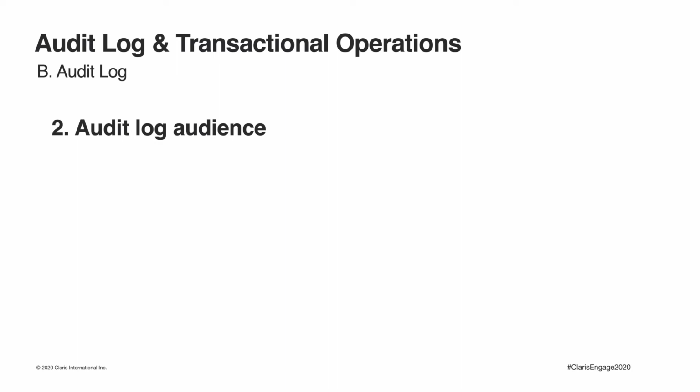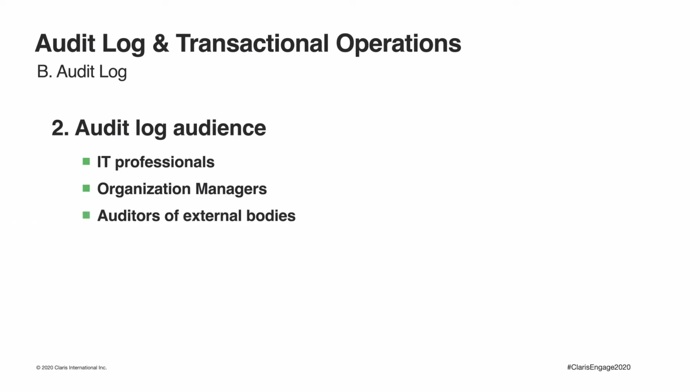The audit log audience are stakeholders that will potentially require access to information on the audit log. Those parties can be IT professionals checking solution usage, performance, and data integrity. Organization managers requesting information on who has access to what.